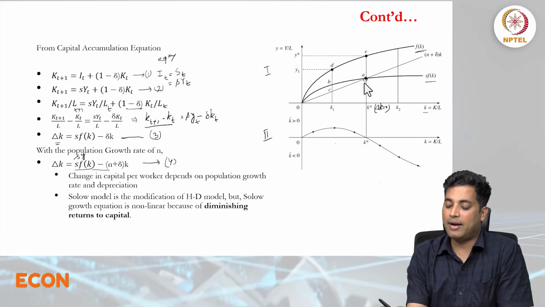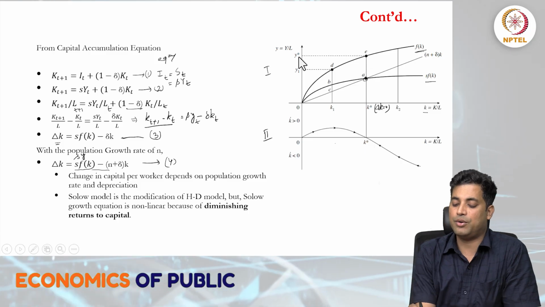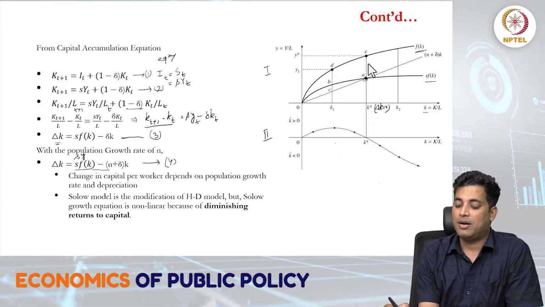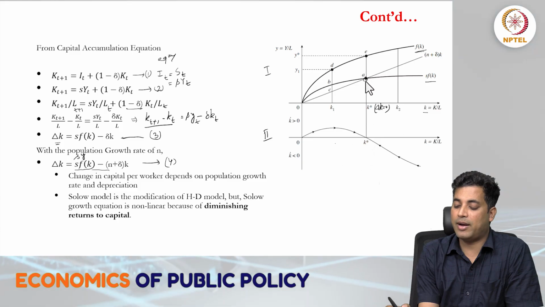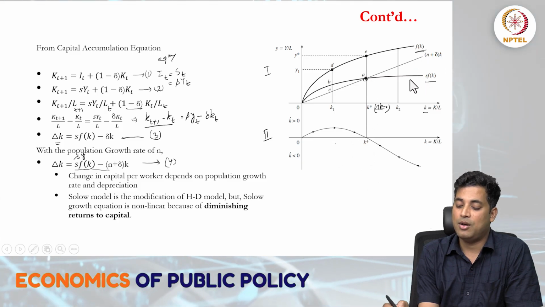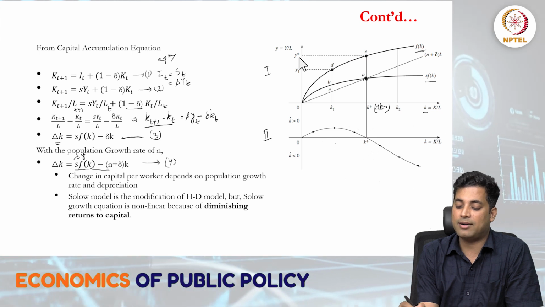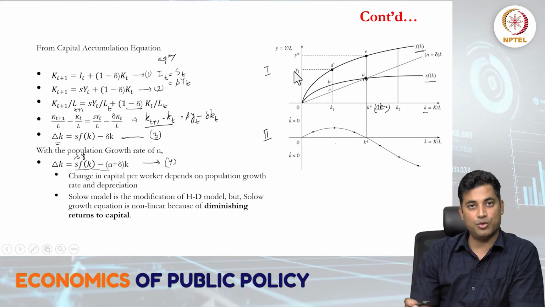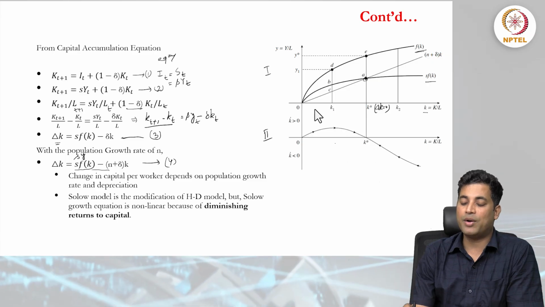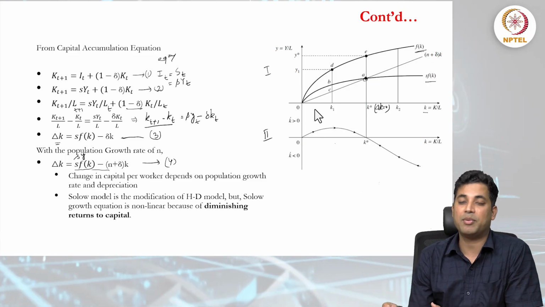At delta small k equals 0, the output y star is generated. So at this level, where savings and (n plus delta) k are equal to each other, y star amount of output will be generated in the economy with the k star amount of capital per worker.